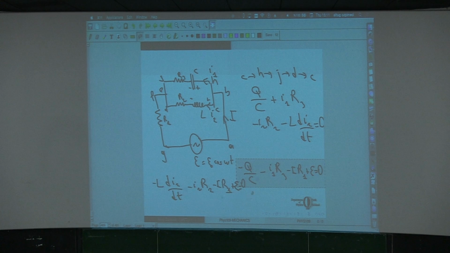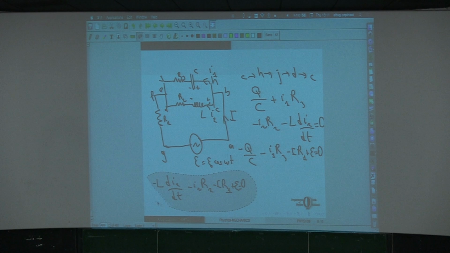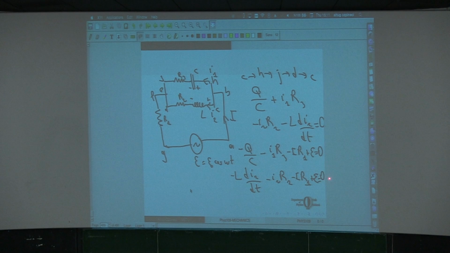This is the other equation we had. Let's take this one and subtract this one. We have the second equation minus the first equation.